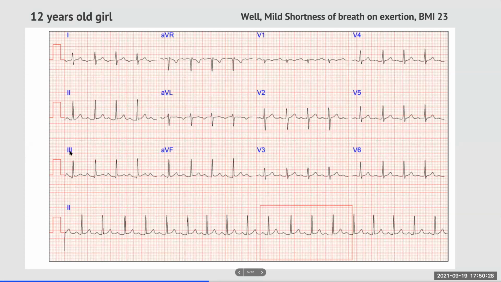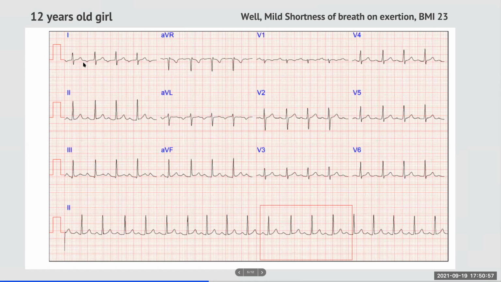Okay, now I want you to focus a little bit on the other leads. Look at lead 1 and look at AVL now. Tell me where you see the P waves in lead 1 and AVL. So this is obviously the QRS. This is the P wave. What about this one? The P wave is inverted. Very good.